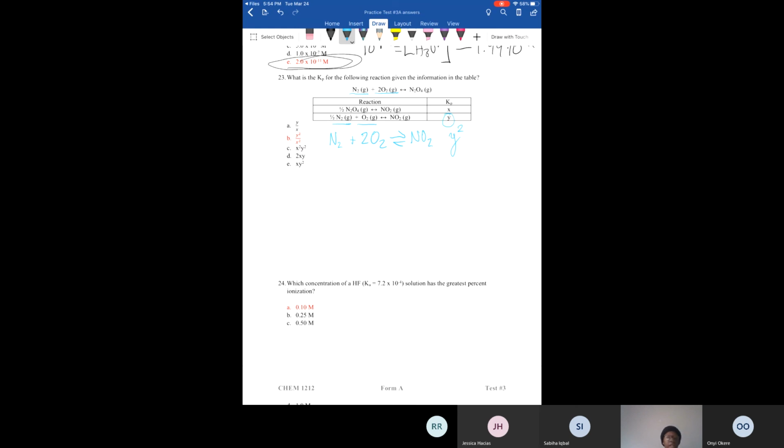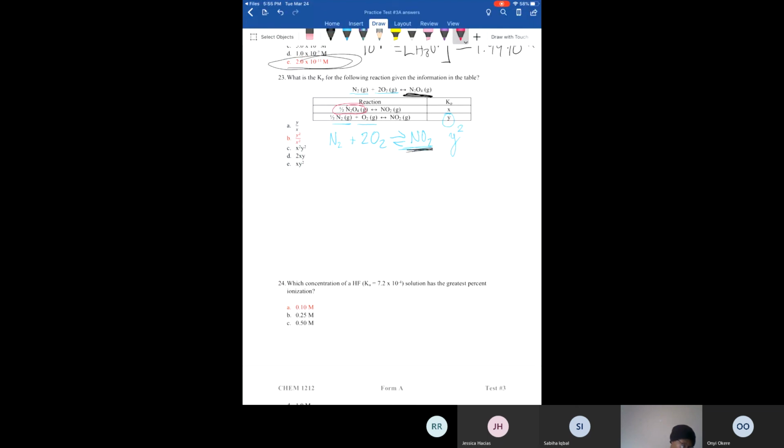And remember, in your equilibrium expression, coefficients become powers. So if you multiply everything by 2, you take your equilibrium constant squared. Then you don't want NO2 because NO2 is not your product here. N2O4 is. N2O4 is right here. It's a reactant, so you don't want it to be a reactant. You want it to be a product.